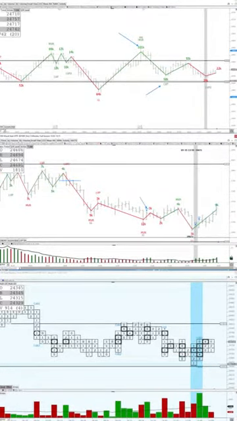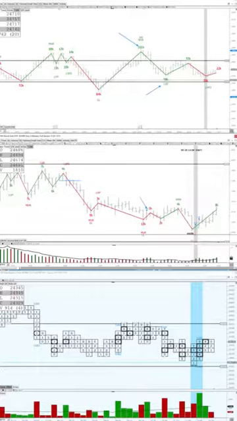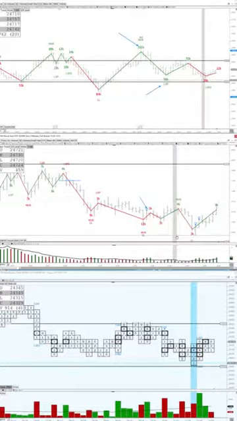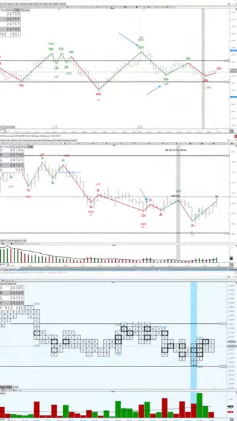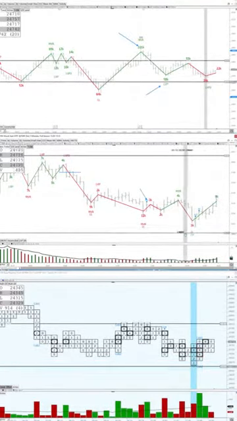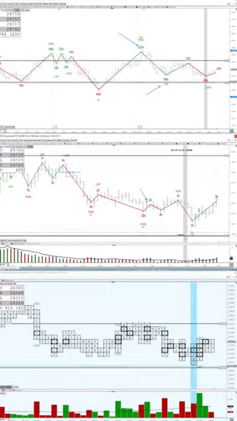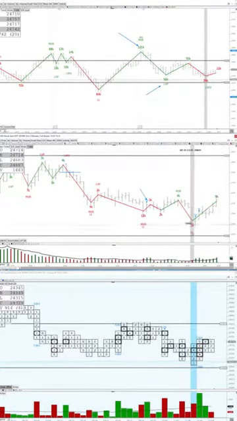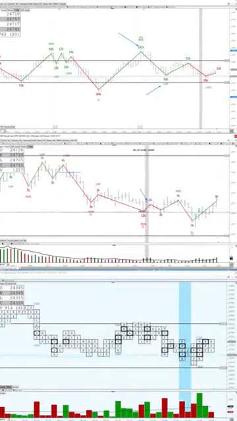How do you know that this is very likely the end? Well, for one thing, as it goes down, the volume decreases as it makes a lower low. The volume is decreasing on the selling. So we have two indications here.